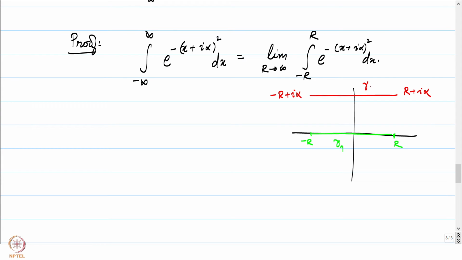Let's call this gamma 3, and let's connect these two using, say, pink, and turn it into a rectangle, and let's call this gamma 2 and let's call this gamma 3.